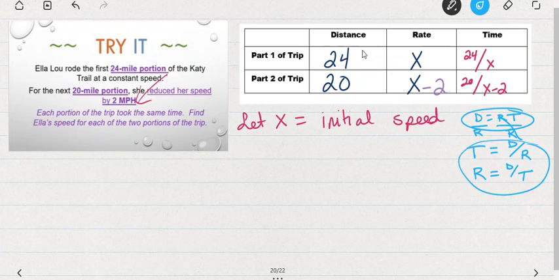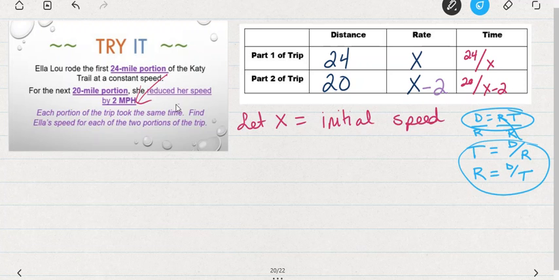So in this case, 24 miles divided by the rate, x miles an hour, and the distance 20 divided by the rate of x minus 2 gives us the time of the second part of the trip. The next thing we need to understand about this problem is that we're given more information.